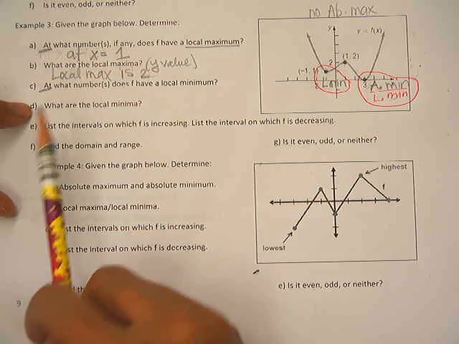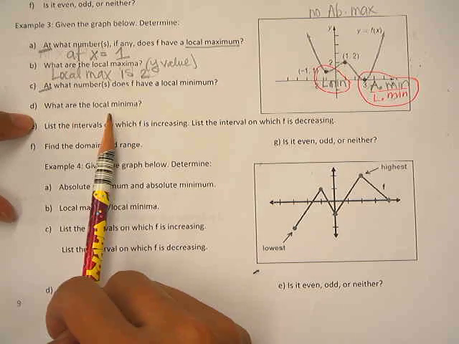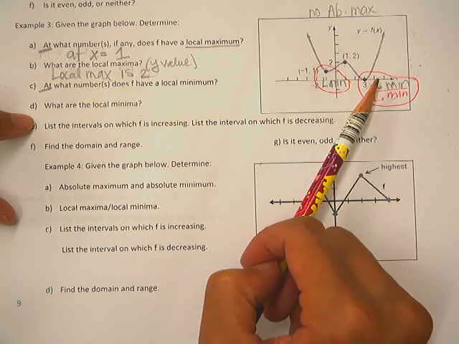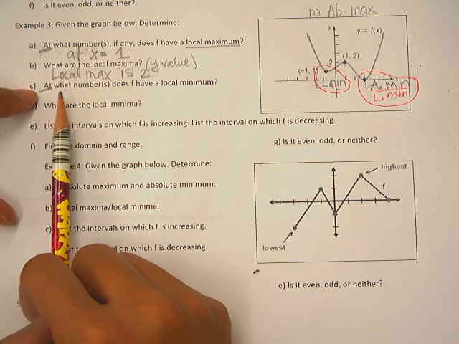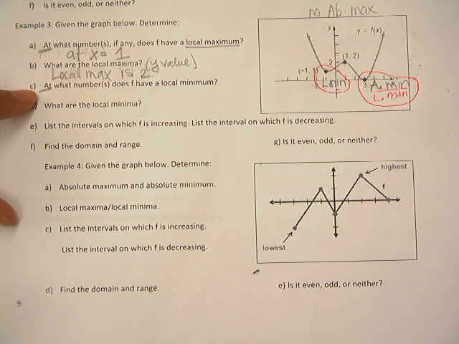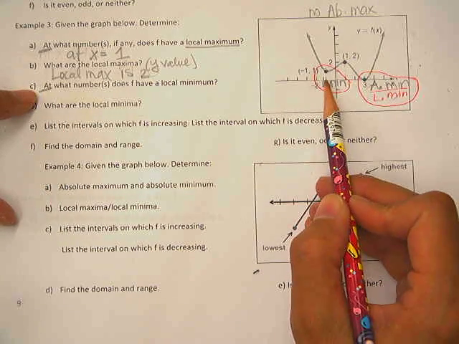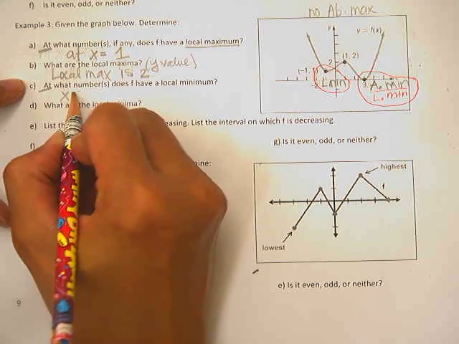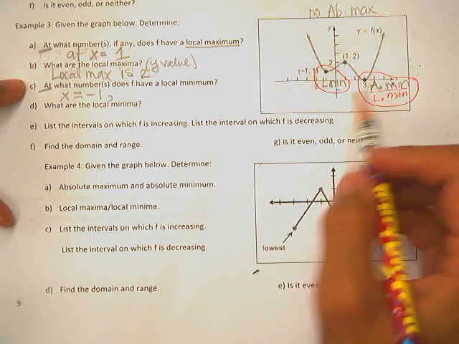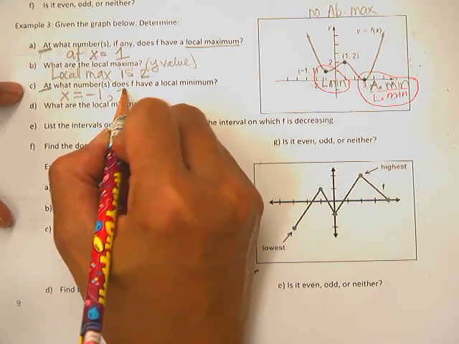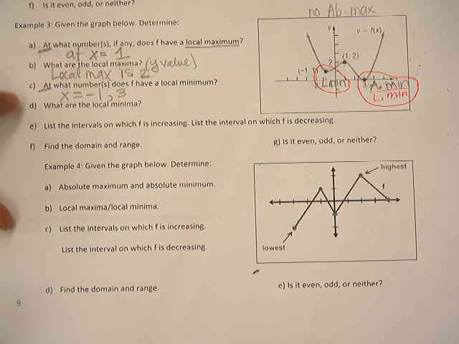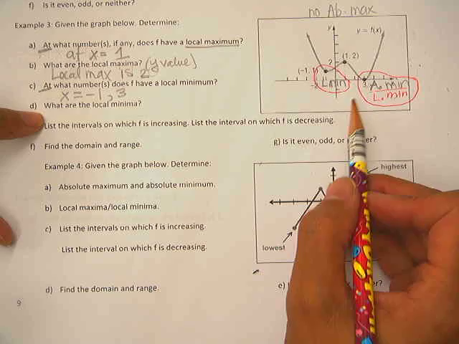So it says here, what are the local minima? I should have two y values for this problem, not always. It says here, at what numbers? I should have two x values. So here we go. The first x value is going to be at negative 1. So at means x equals negative 1. And the second x value is 1, 2, 3, so at 3 as well. What are they? In this case, I have two y values.